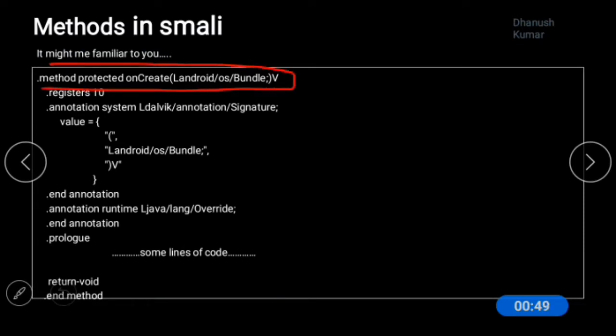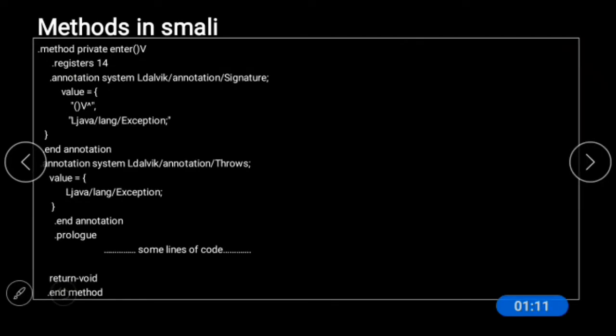Whenever you decompile any app, you will get this code, that is the onCreate method, protected onCreate, and all of this code, and we will have a return method. We are going to discuss in detail how these methods are constructed. At last we have an example of a method, private enter.